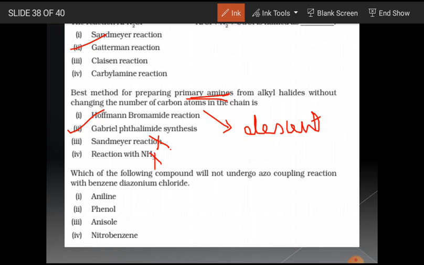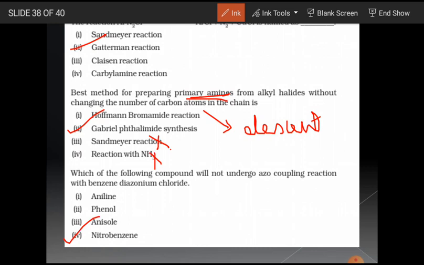Which of the following compounds will not undergo azo coupling reaction with benzene diazonium chloride? So here, if you look at the first one, it will. Second one also will undergo. Third one also will undergo, but nitrobenzene will not undergo the coupling reaction. That is an important point.